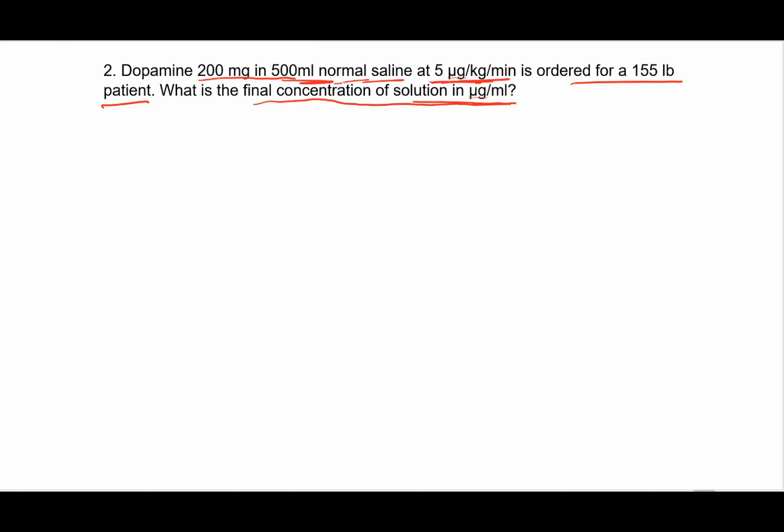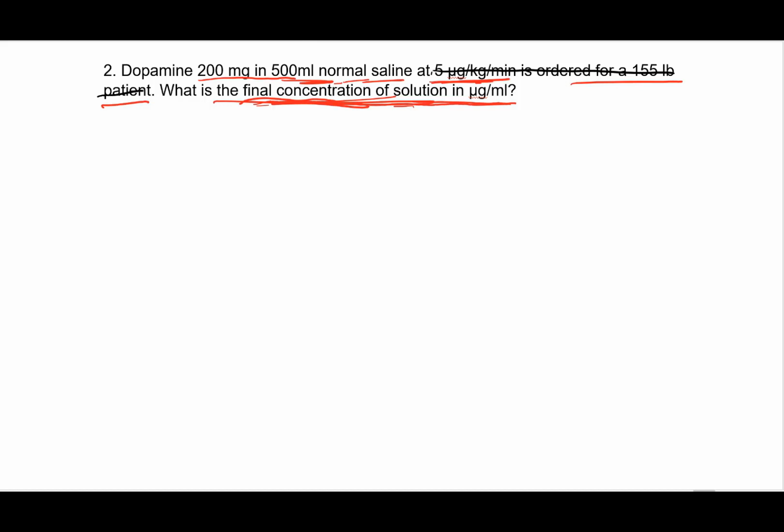If you look at the wording of the question, we only need to find out the final concentration of the solution. We are not concerned about the weight of the patient or even the dose. So that information is all unnecessary.